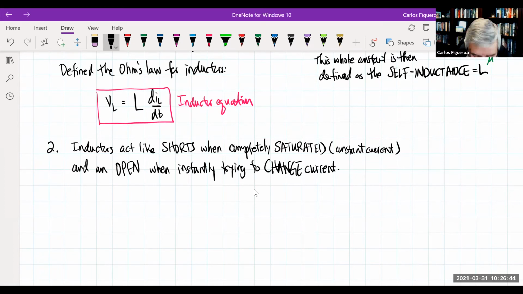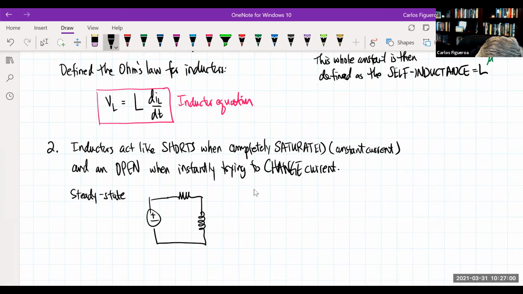So that means here, if I have steady state and I have a circuit that, let's say, looks like this here, and let's say that I have something like an inductor like this here, well, this is R, this is L, and then this is the source here.